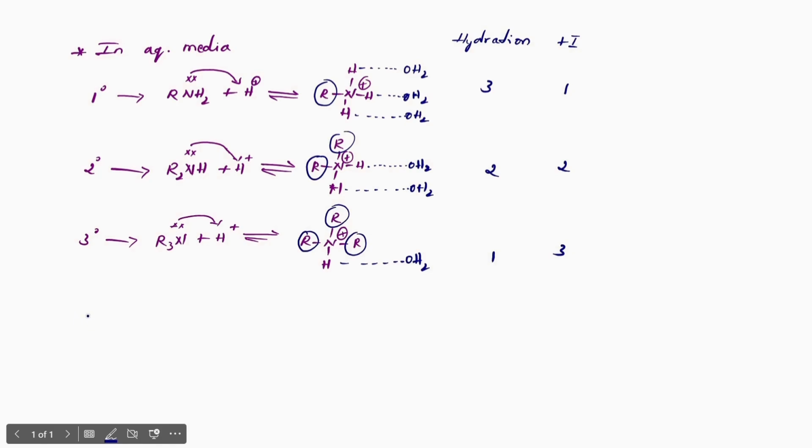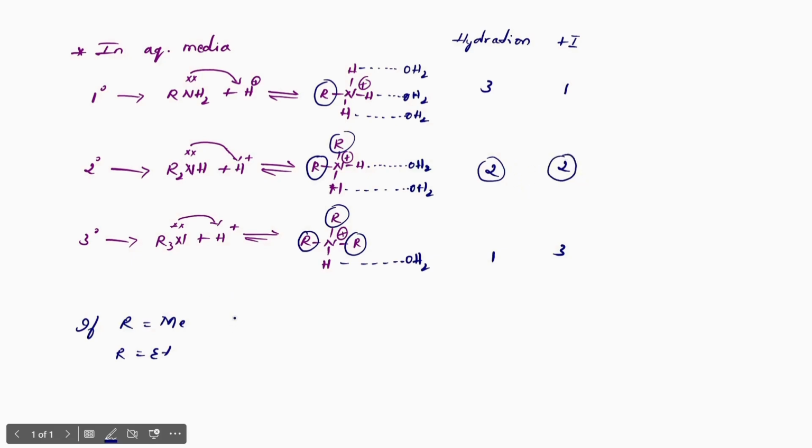Okay. If we talk about the basic strength, we have to consider two conditions. That is, if R is equal to methyl group and if R is equal to ethyl group, what happens is, coming to secondary amines, both in hydration and in positive inductive effect, it has 2 hydrogen bonds and 2 positive inductive groups.